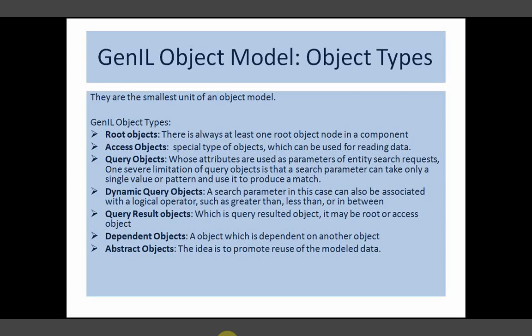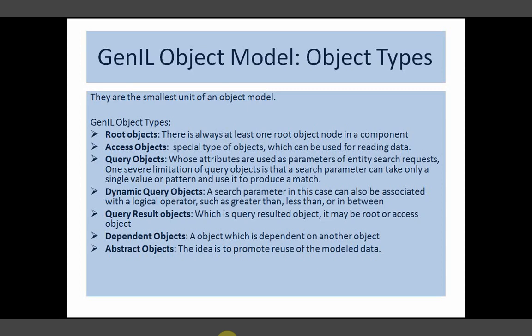The third object is the query object. As we discussed, there are two types of queries: static query and dynamic query. A static query is where you need to provide the complete content of that respective search. For a customer ID, you need to provide it completely. Just now we saw that for name one we provided "contains A".